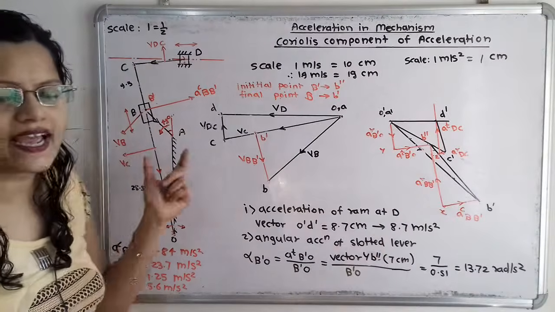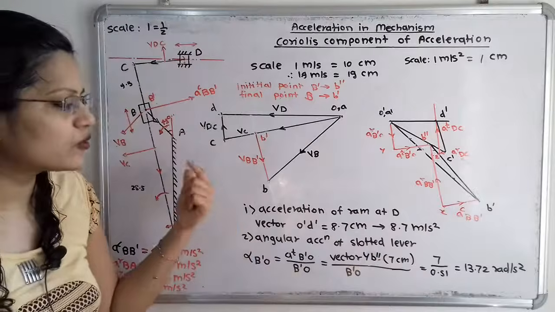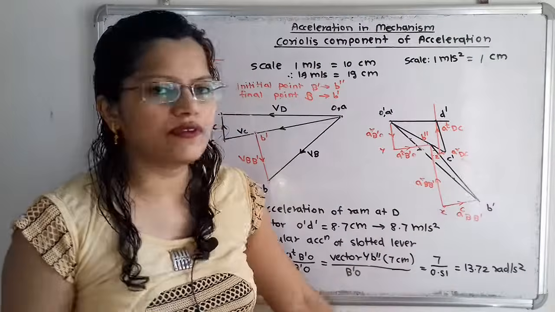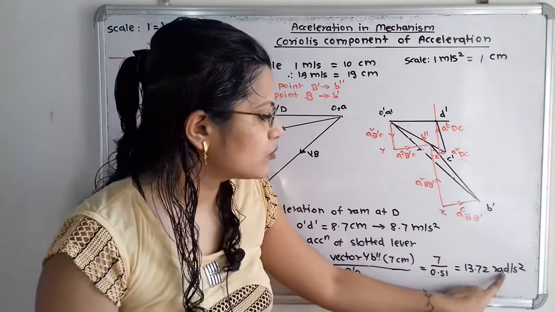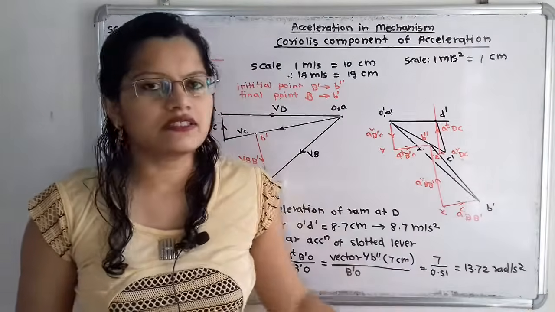So as per the dimension we have to take it in meters, that is 0.51 meter. So it is equal to 13.72 rad per second square, and this is the answer.